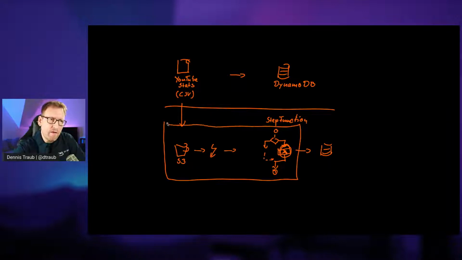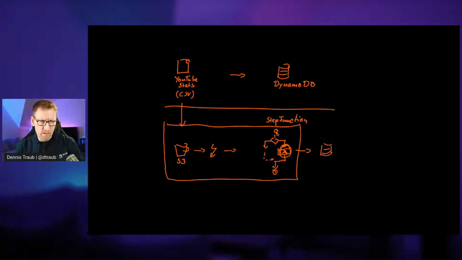So we have the bucket, we have the event notification, we trigger a Step Functions state machine, and the state machine triggers a Lambda function. And we've built all that using the AWS CDK, the Cloud Development Kit, using infrastructure as code.